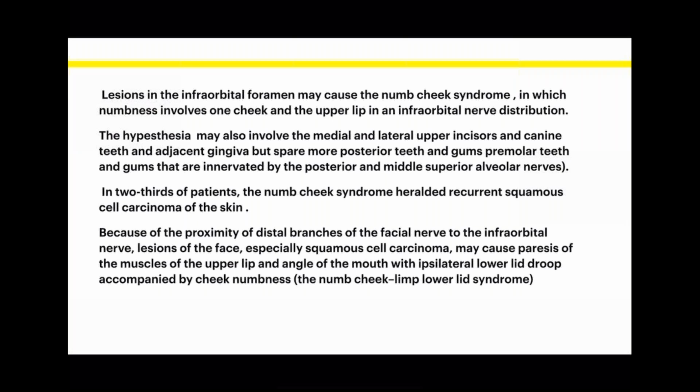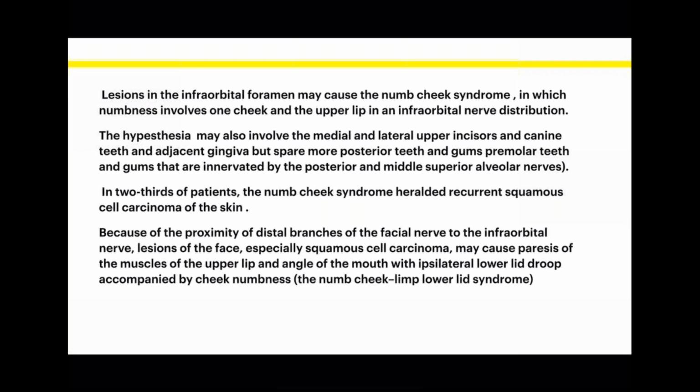In two thirds of patients, it is interesting because the numb cheek syndrome can indicate squamous cell carcinoma of the skin. Because of the proximity of the distal branches of the facial nerve to the infraorbital nerve, lesions of the face, especially squamous cell carcinoma, can also affect the muscles of the upper lip and angle of the mouth.